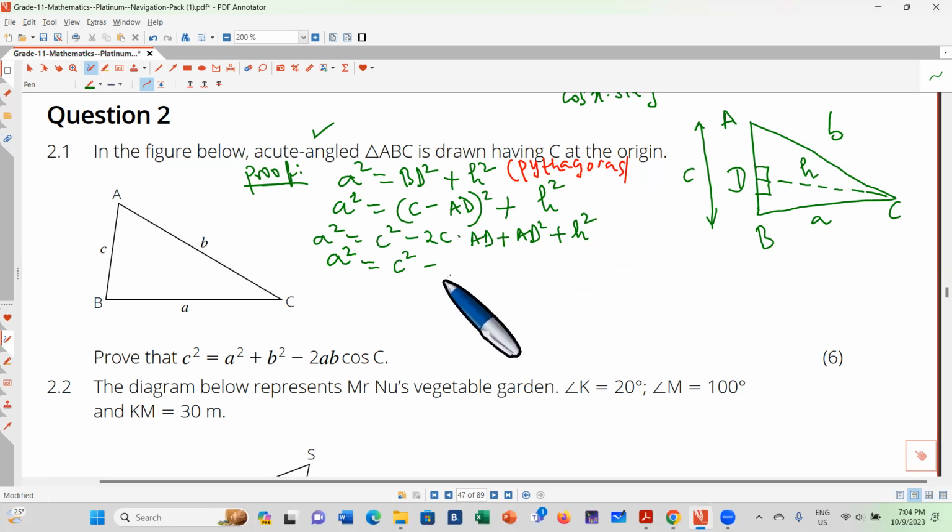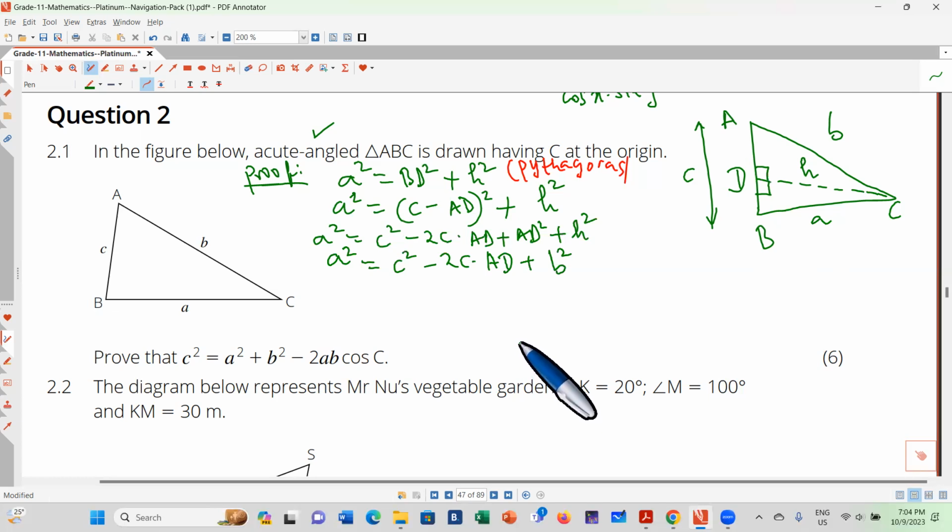Here we can write minus 2C. This one is a proof, so it's quite demanding to understand. But H squared plus AD squared is B squared, by Pythagoras theorem in the upper triangle. So this AD squared plus H squared is B squared, like this.